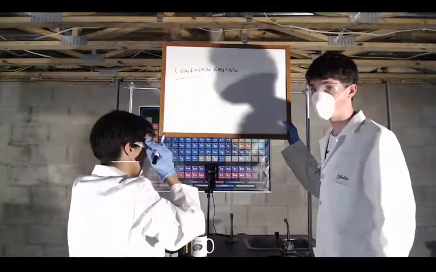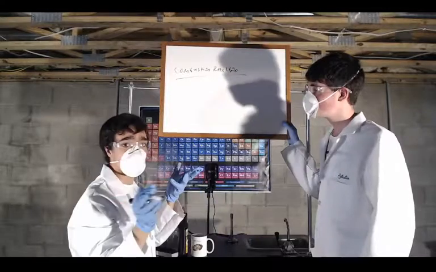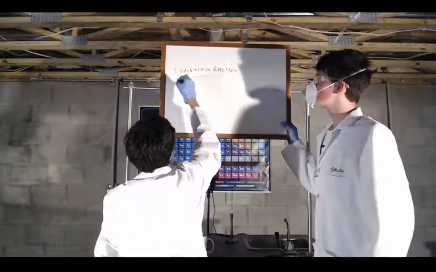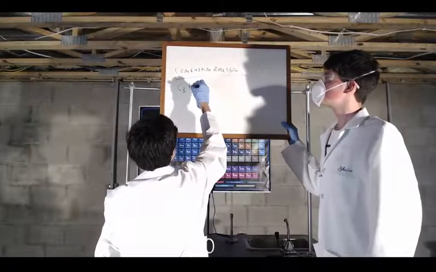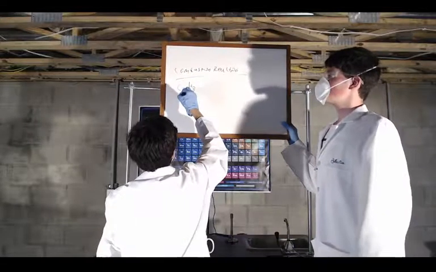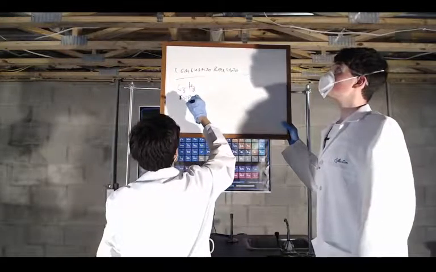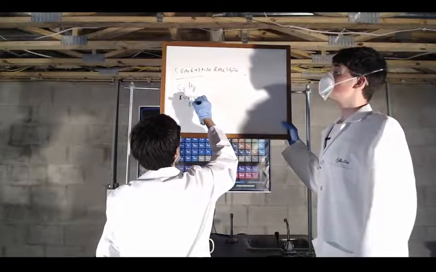So let's look at what happens here. We have C3H8, which is the isopropyl alcohol. This is, believe it or not, alcohol is an organic compound.